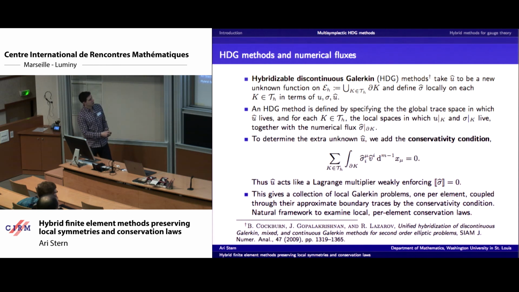So this is why they say unified hybridization of DG, mixed, and continuous Galerkin methods. You can get some of the classical hybrid methods, classical mixed methods, the conventional continuous Galerkin method with Lagrange finite elements, these various DG methods like interior penalty, LDG, you name it, all within this one big framework, depending on how you define these spaces and this function sigma hat.